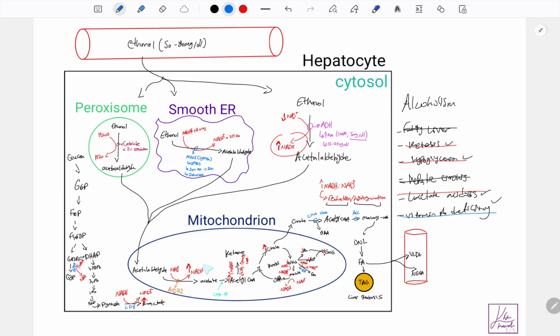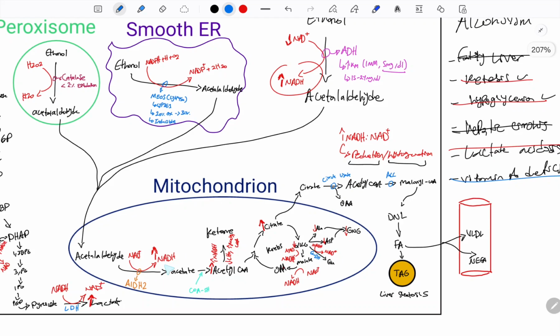And we said that a high NADH to NAD ratio can shift the metabolism of the cell towards reduction and hydrogenation reactions to try and regenerate some NAD positives. What that means is the high NADH will inhibit the Krebs cycle, which, like I said, makes a lot of NADH itself, right? And if we're making a lot of NADH from the alcohol pathway, we're going to inhibit the Krebs cycle activity, and that'll cause citrate levels to build up.